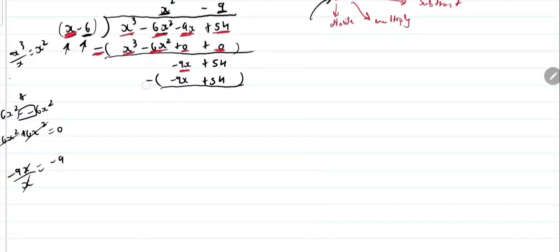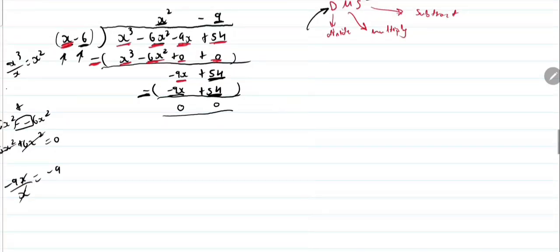Minus 9x minus 9x is going to give me 0. Right? 54 minus 54 is going to give me 0. Alright, let's write down our answer now. Dividend over divisor.